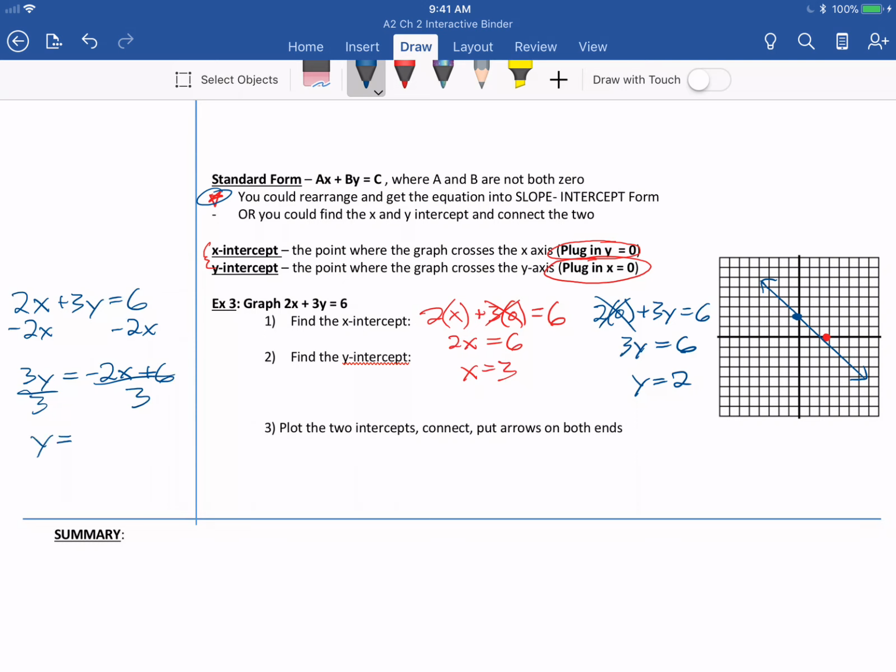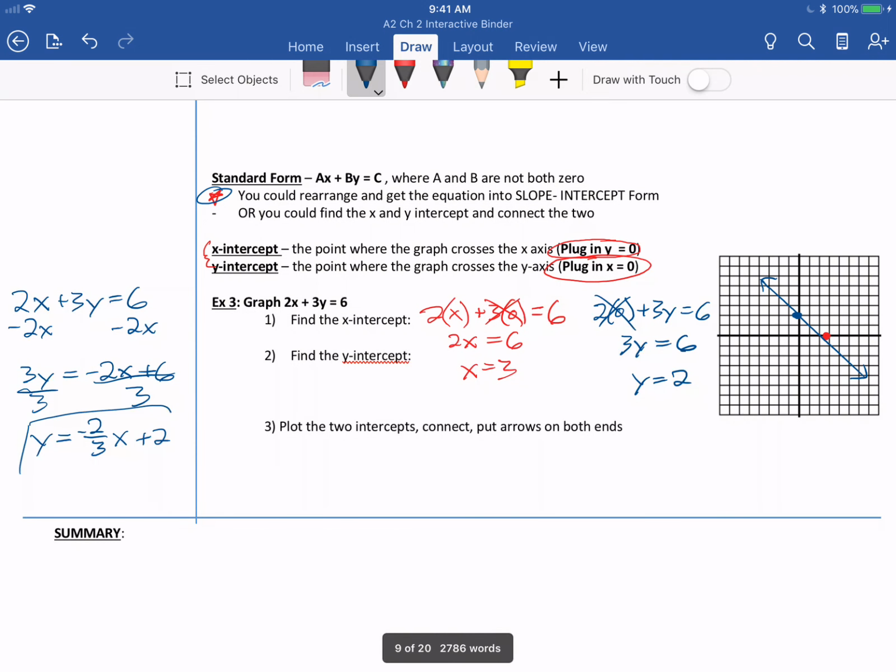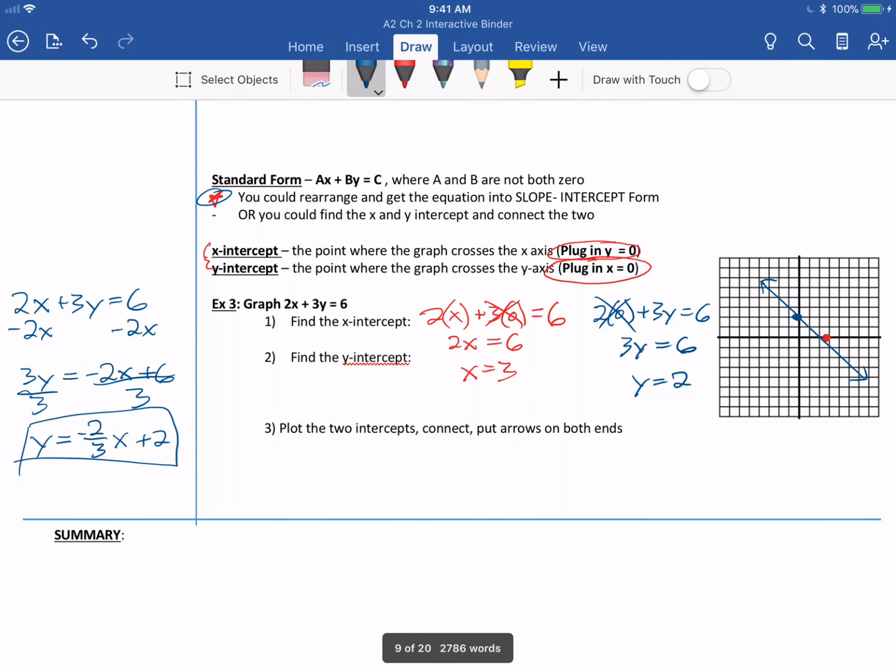So I get y is equal to -2/3 x plus 2. So now if I look here, my y-intercept is 2, my b, and my slope is -2 over 3. So here's my y-intercept of 2, and if I go down 2 over 3, I'm still at that same point. So it's kind of the same deal there. So you notice either way works, but you do need to know how to find those x-intercepts and y-intercepts. We're going to talk about that a little bit later on in the year.